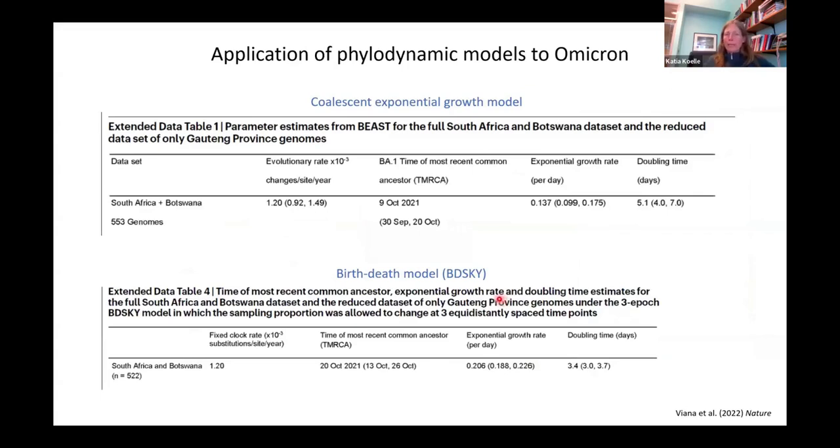And then they applied these different phylogenetic models to those data, estimating things such as the evolutionary rate, the time of the most recent common ancestor of those Omicron infections, the exponential growth rate, and then from the exponential growth rate, the doubling time. And similarly, application of birth-death models yields similar estimates.